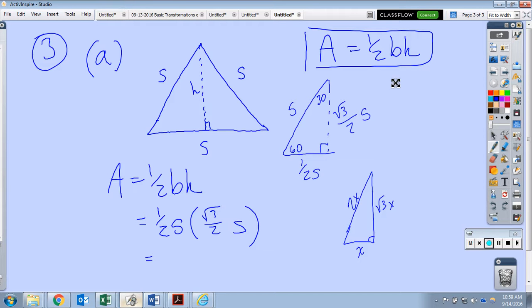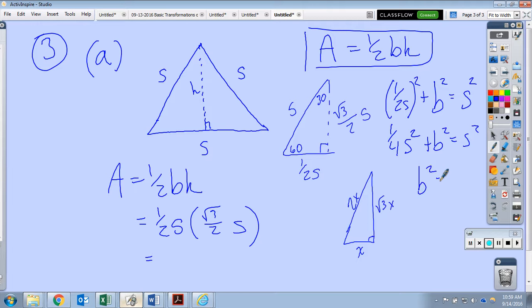So 1/2 S squared plus the unknown, we'll call it B squared, should equal S squared. So 1/2 squared, so 1/4 S squared plus B squared should equal S squared.